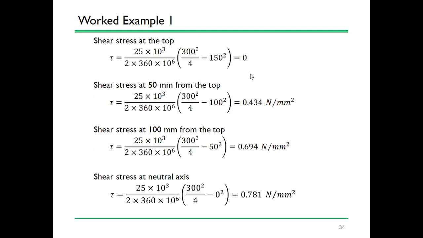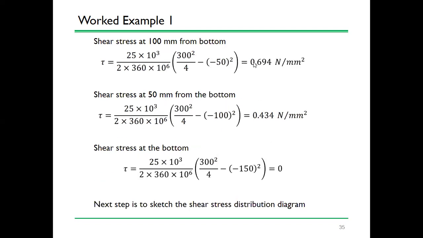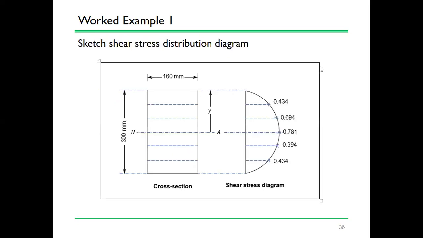So you see that we have 0.434, 0.694, 0.781, 0.694, 0.434, and so on. So now this is how the diagram should look like.